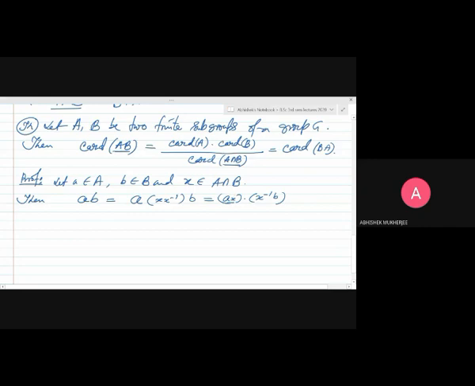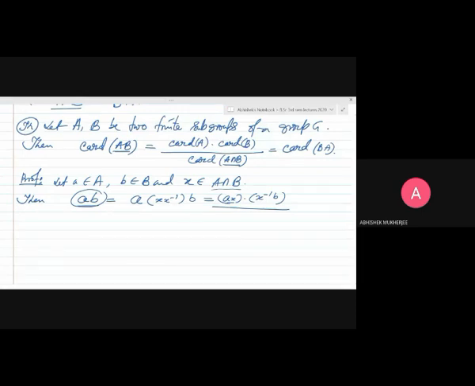So for that reason, ax is an element of A, x inverse b is an element of B. So any element of AB can be represented as another two elements of A and B by virtue of the elements of A intersection B. So how many times you can represent one element ab in terms of this representation?